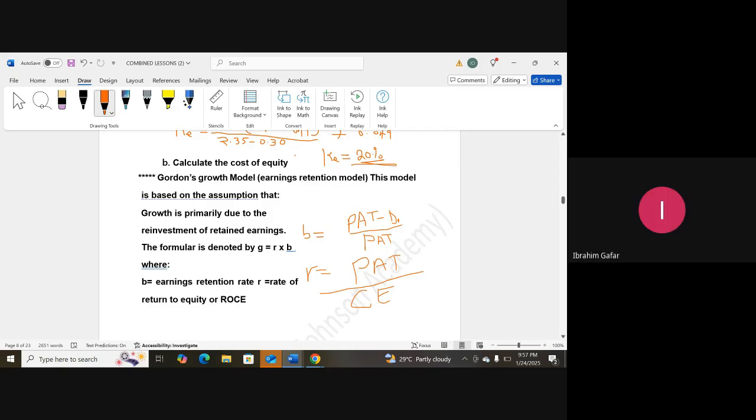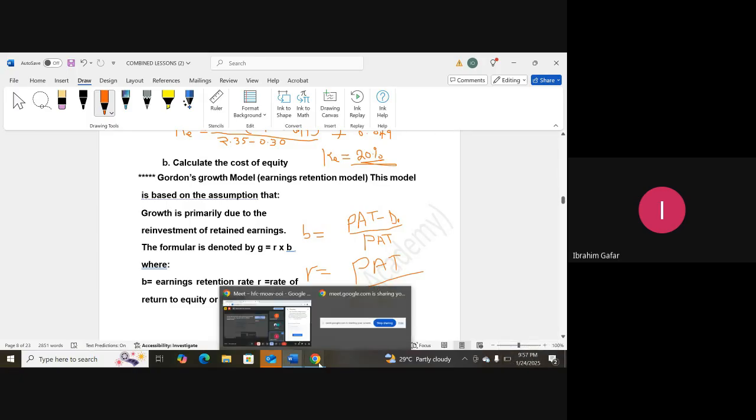So we are going to discuss Gordon's growth model. But by the grace of God, tomorrow we are going to continue from where we stop, because I think my device has just 12% left. So any question before we call it a day?